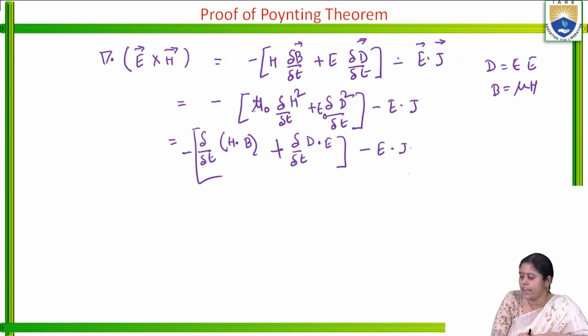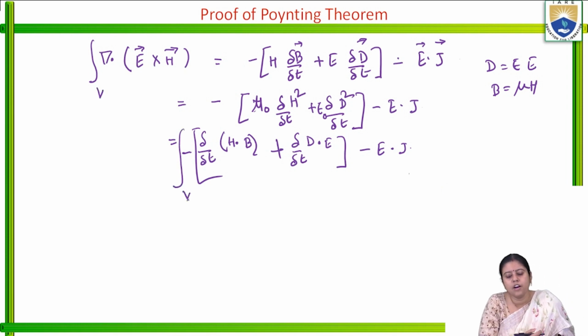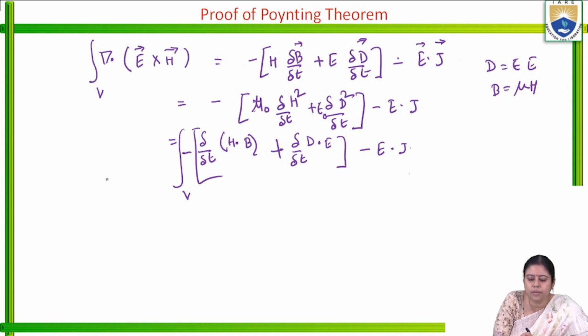Grad dot E cross H, if we take the volume integral on both sides, and what does the volume integral mean? Grad dot E cross H is nothing but the surface integral.